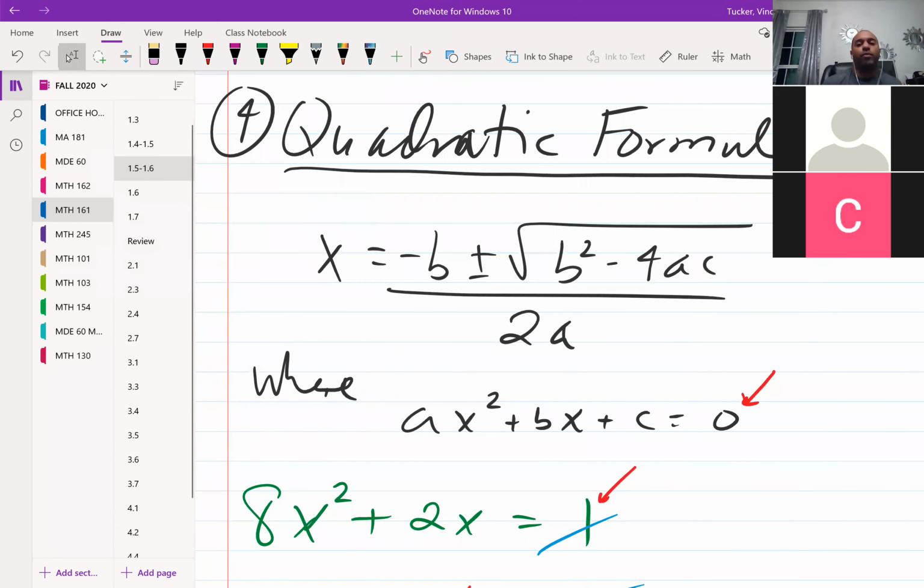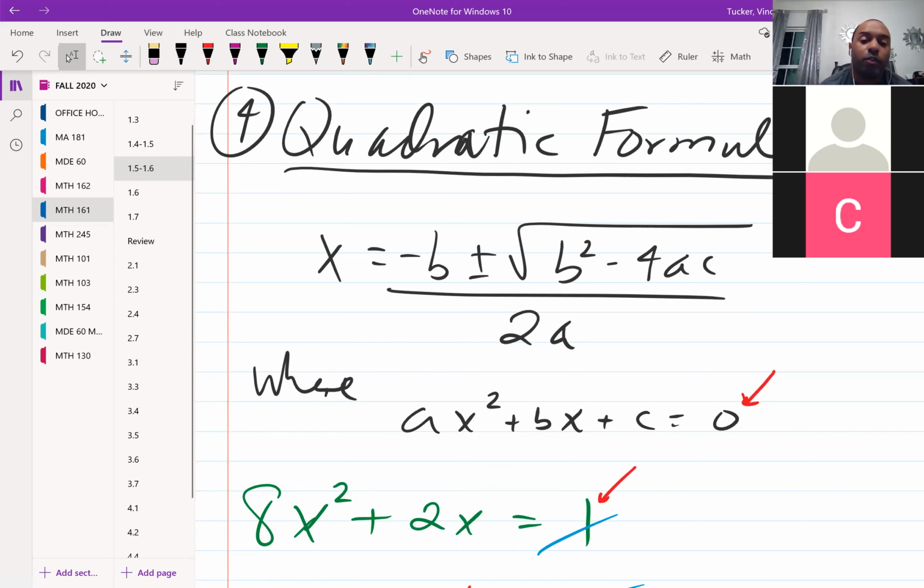All right. Quadratic formula. So the quadratic formula, you can actually use this method no matter what quadratic or type of quadratic equation you get. If you're not comfortable with factoring, you'll always be able to use quadratic formula. If you're not comfortable with completing the square, you can use the quadratic formula. So as long as your equation is in the form of ax squared plus bx plus c equal to 0, so in other words, you need to set one side equal to 0.